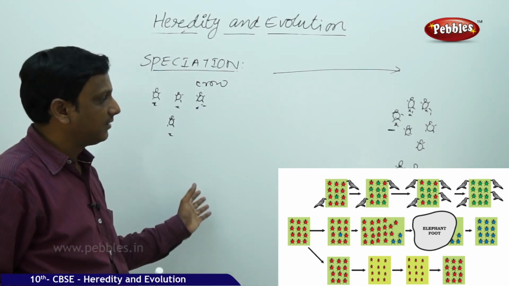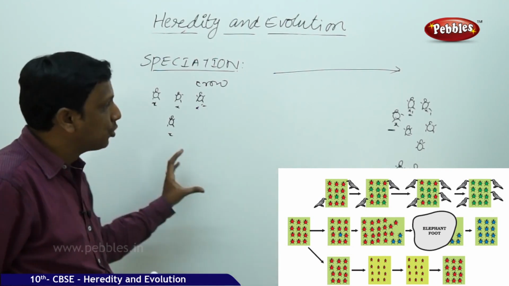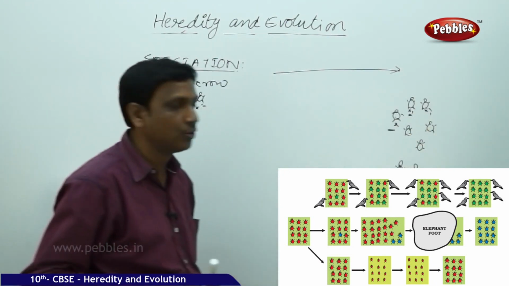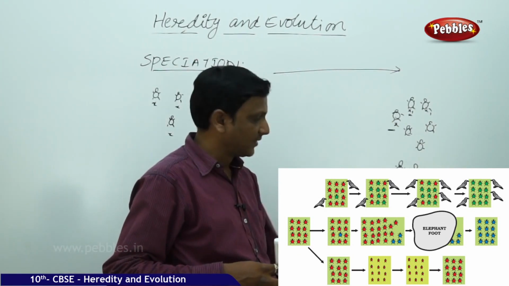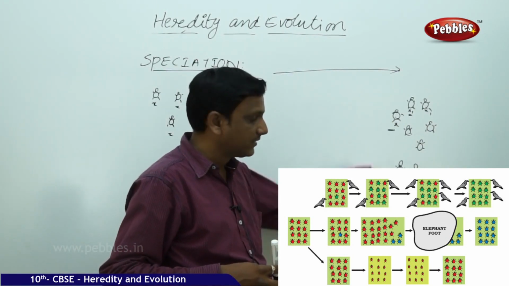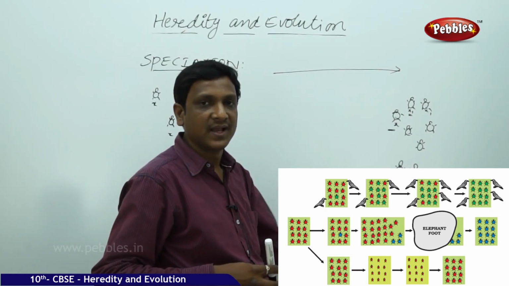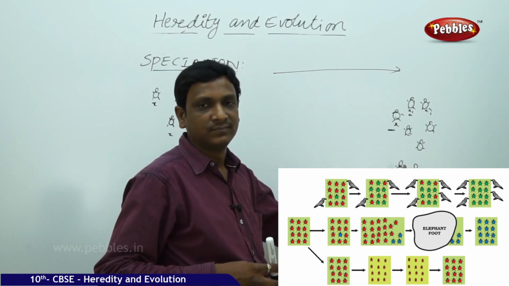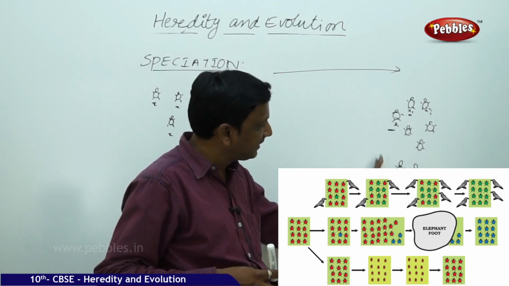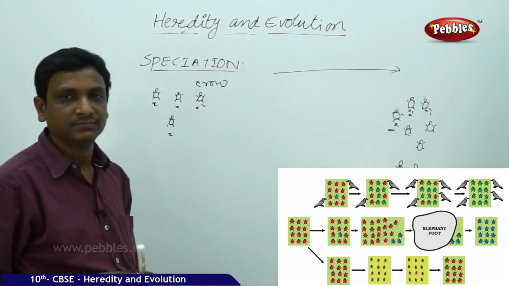So this beetle is isolated. New genes are introduced into this X1 group. So it leads to variations, and through this gene flow the population has got some new genes. So here it will develop its population.